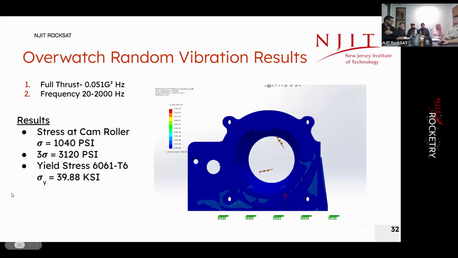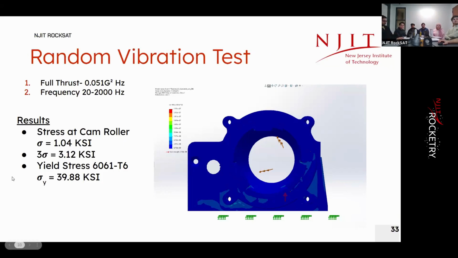That was 3000 PSI. And then we look at the yield stress of 6061-T6, which is 39 KSI or 40,000 PSI. So that's nothing to worry about, but it's food for thought to keep in mind in the manufacturing process.